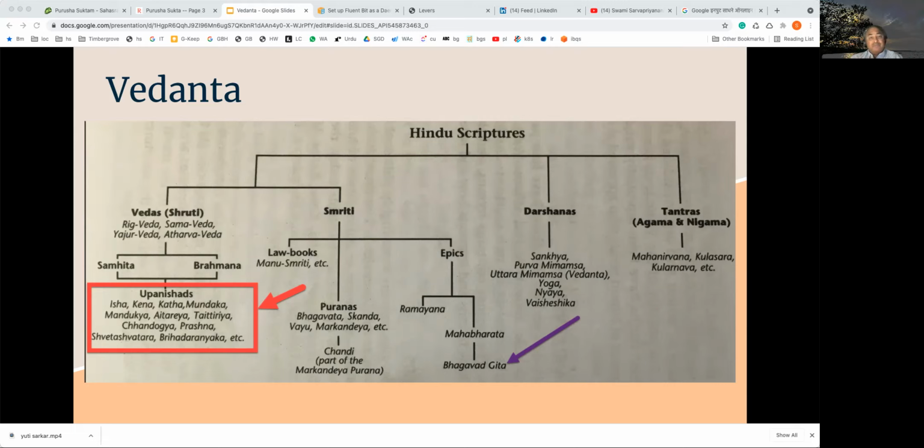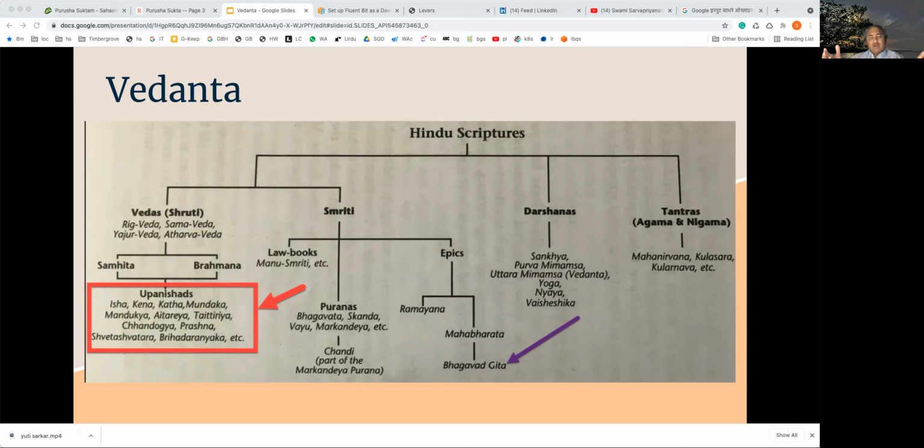Or the word pitru is like the word Peter, which stands for father. So there's some relationship between those languages, and it's a different stream of knowledge, if you will. We are not interested in that in this.